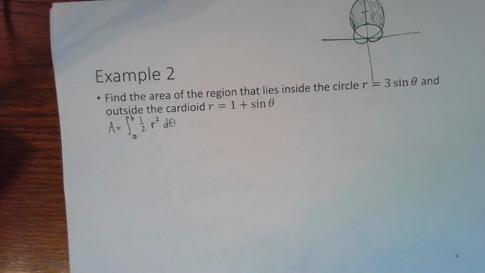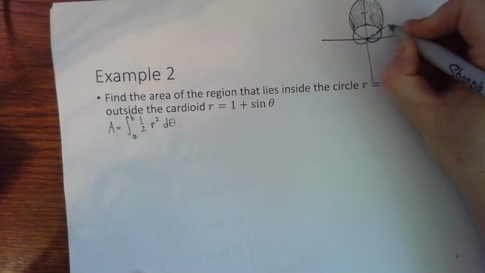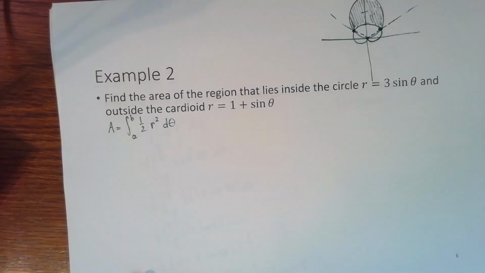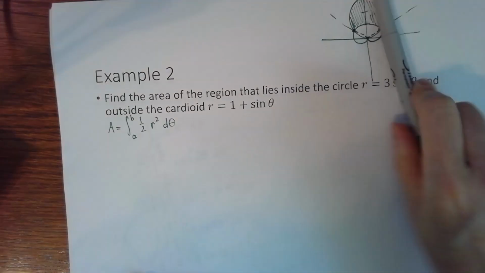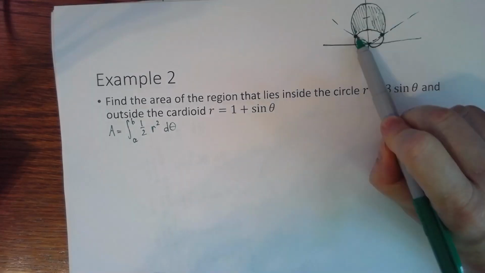If we look at the angles like here and here, because this is an intersection point and this is an intersection point, it really goes between the place where that angle is the starting, and then it sweeps out all the way around until here.